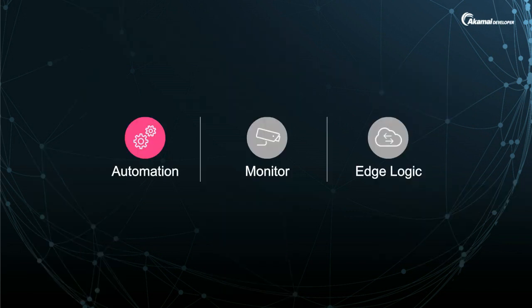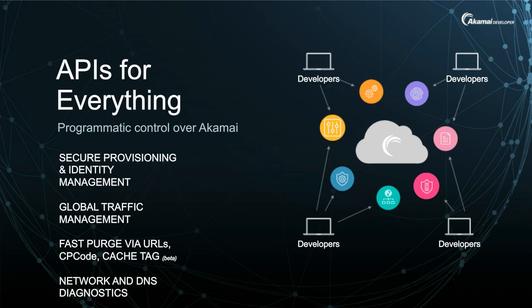Again, the 3 categories that we want to hit upon are automation, monitoring, and edge logic, so let's start off with automation. One of the big things we've been doing as a company is this initiative called API for Everything. Essentially, the goal is that anything that you can do in the Akamai portal today should be doable via APIs, via your command lines, a lot more programmatically.